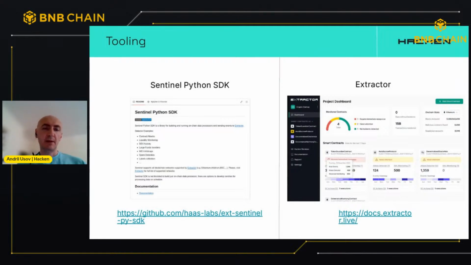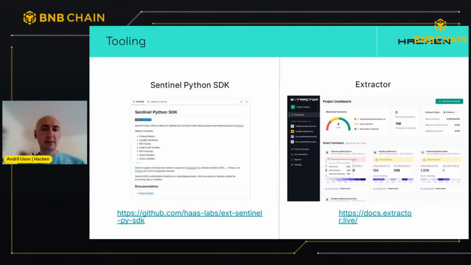And there are two tools. Sentinel Python SDK is available on GitHub. It's an Apache license SDK, which can be used for developing monitoring and detection processes.